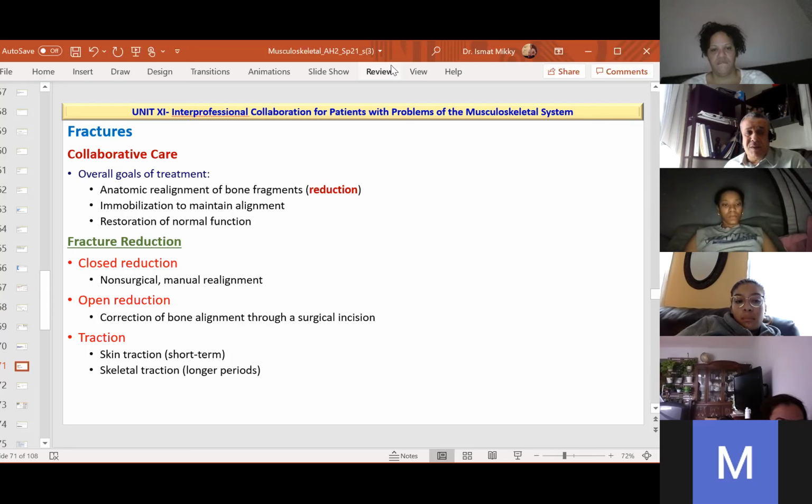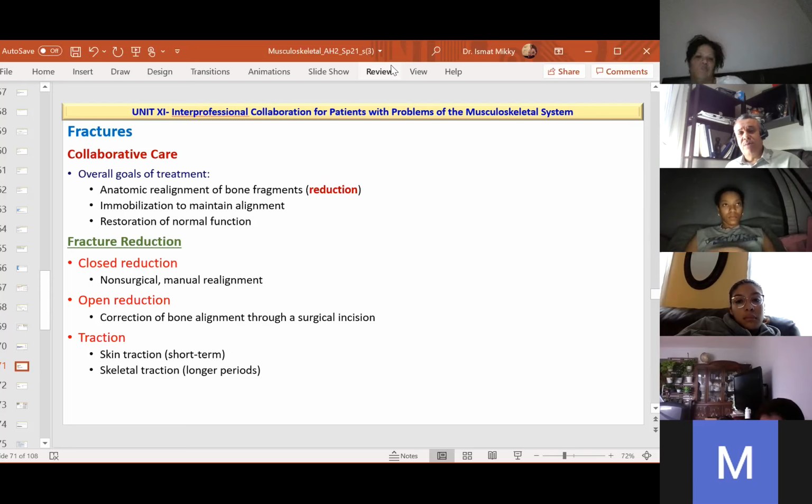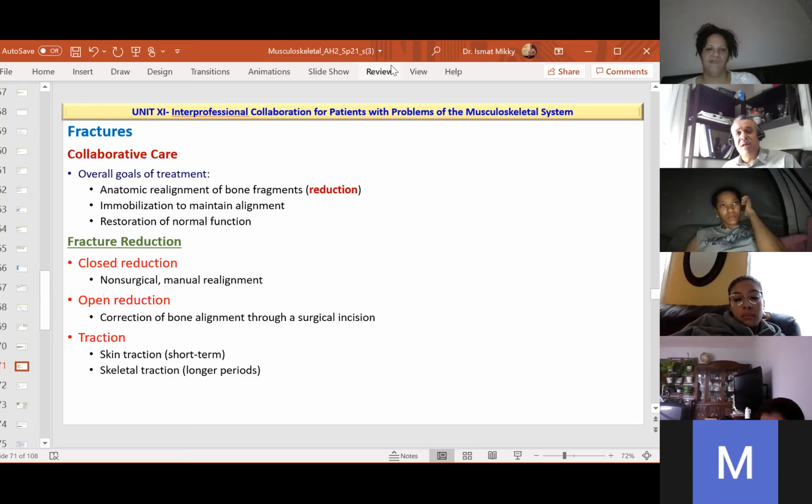the reduction in orthopedics as a term is one of the most important concepts and modalities in the management of fractured bones. Reduction in orthopedics means realigning both ends of the fractured bone back to their normal anatomic position.